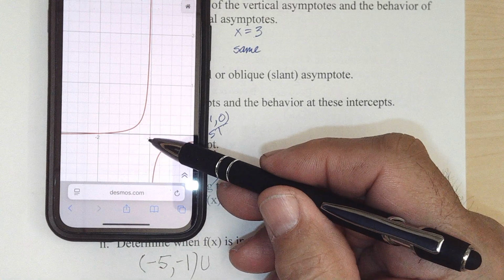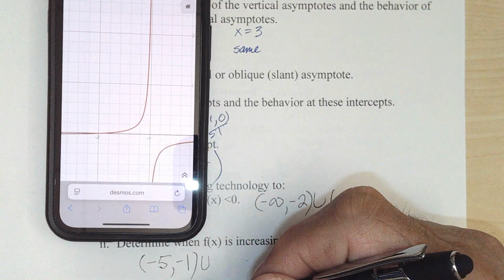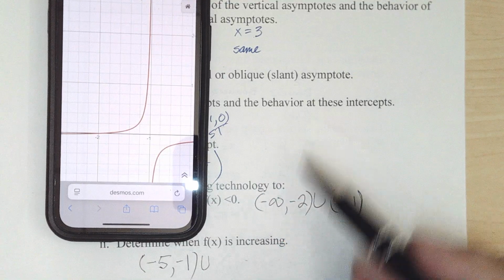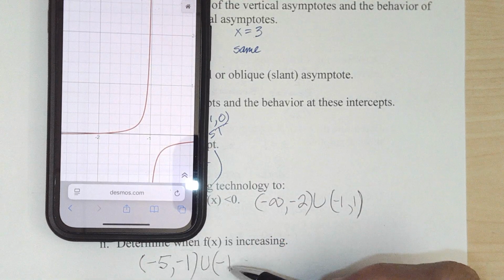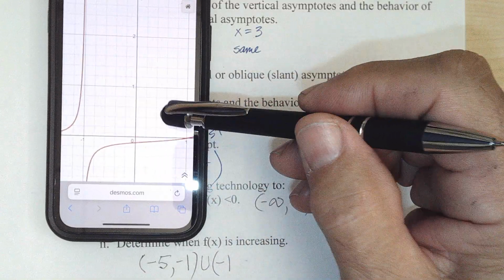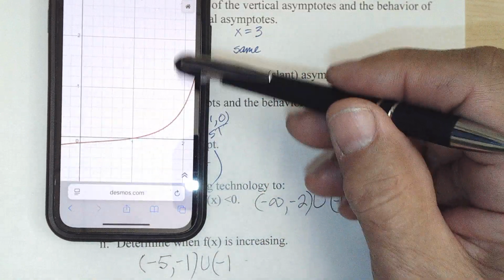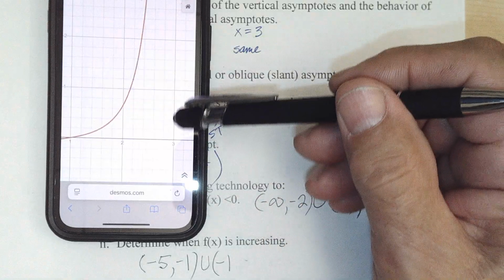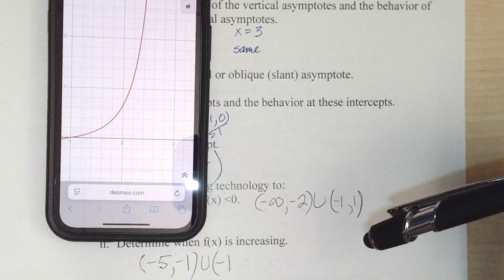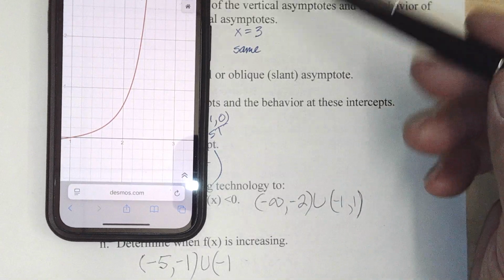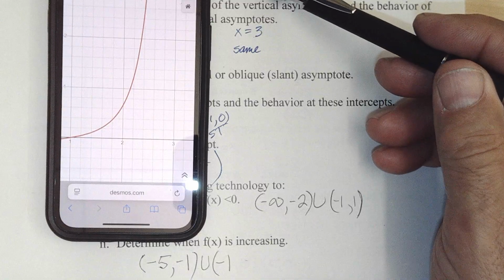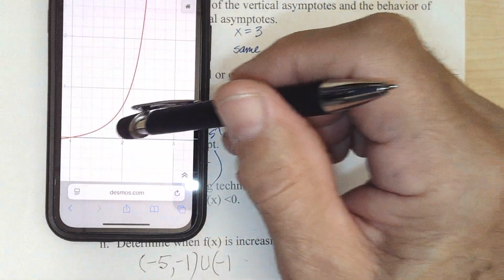Then right past negative 1, it comes back from negative infinity, so it's increasing again, and it keeps going up. I'm tempted to say clear till 3. However, I've got to remember that there was a hole at 2.